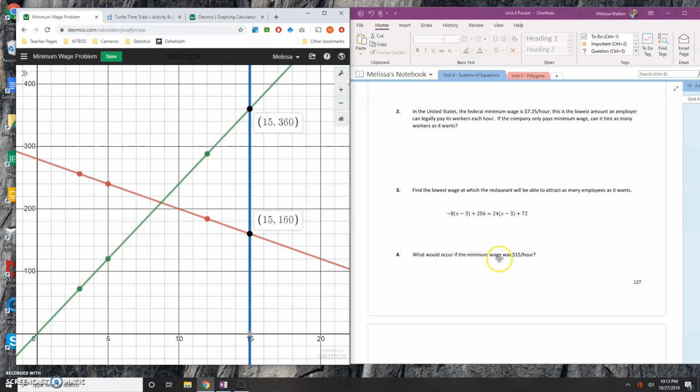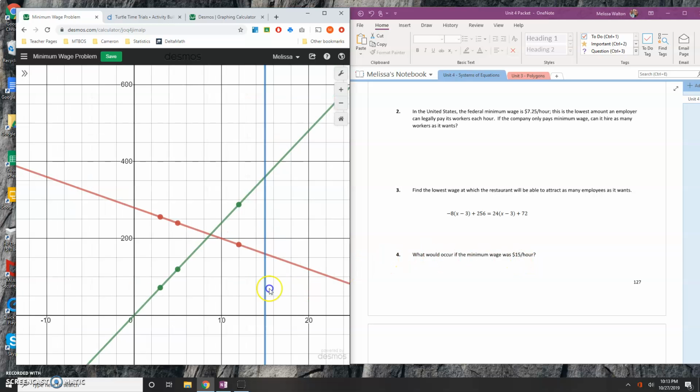So if the minimum wage was $15 an hour, that company could be very, very selective. They're going to have tons of applicants, and in fact, they're going to end up turning away 200 people from what they need versus what is coming in.